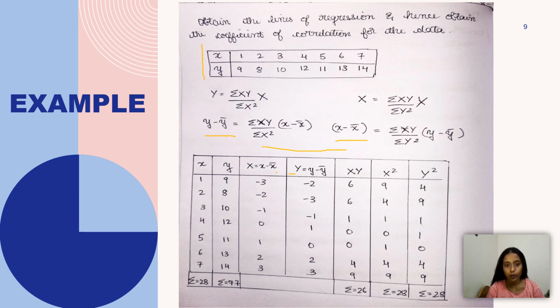The x whatever is obtained here should be squared, and also the y whatever is obtained here must also be squared. And also we need to find the summation, the total sum of x, y, and also the x into y, the summation of square of x and the summation of square of y.